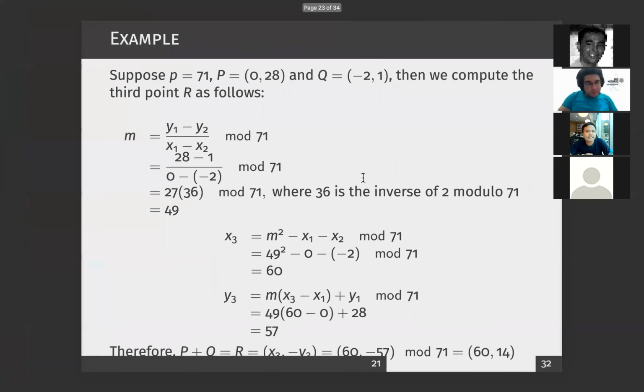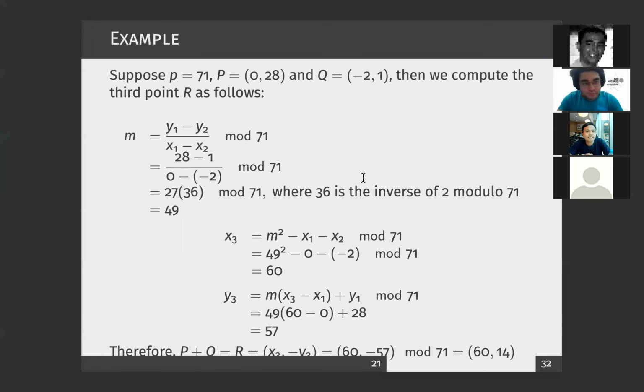So now we have a prime number p, okay, which is the base of our modulo, and 2 points in the elliptic curve. Okay, so 2 points, (0, 28) and (-2, 1).